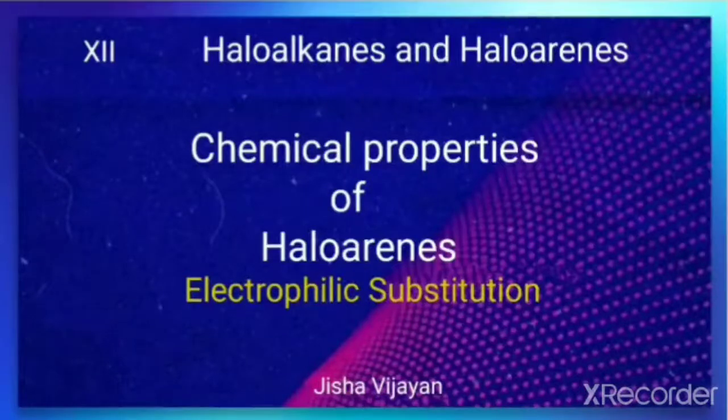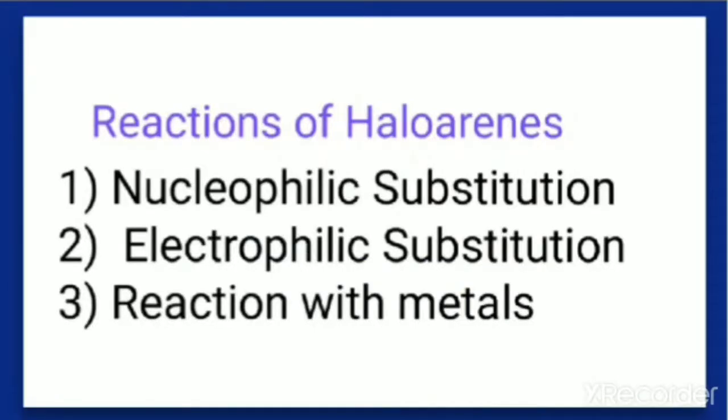Hello students, as we discussed the chemical properties of haloarenes in the previous video, that is nucleophilic substitution reaction, now let us discuss electrophilic substitution reaction in this video. As we have classified the reactions of haloarenes into three types, that is nucleophilic substitution, electrophilic substitution and the reaction with metals.